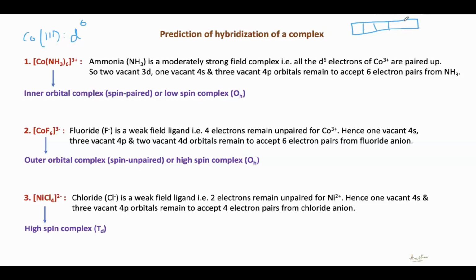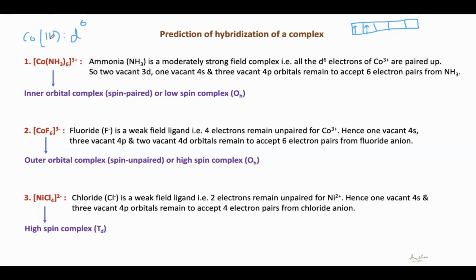So we have 5 d orbitals over here, and we have a total of 6 electrons. Since ammonia is a neutral ligand and the net charge of the species is 3 plus, the oxidation state of cobalt here is +3. And cobalt has the configuration 4s2 3d7, so 9 electrons are there.